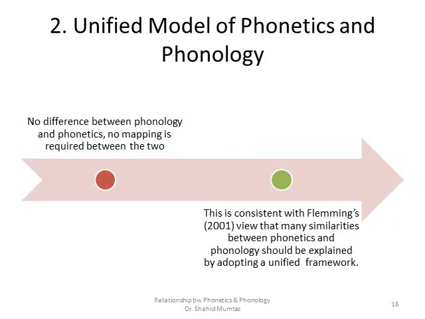Given that under this view there is no difference between phonology and phonetics, no mapping is required between the two. This is consistent with Fleming's view that many similarities between phonetics and phonology should be explained by adopting a unified framework.